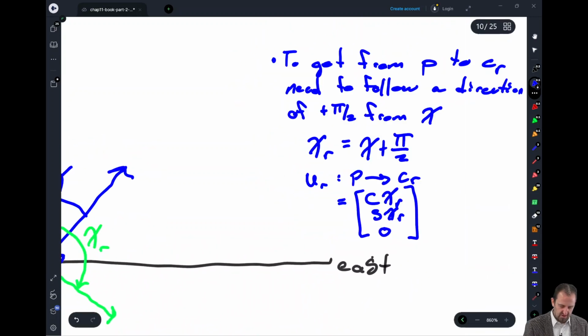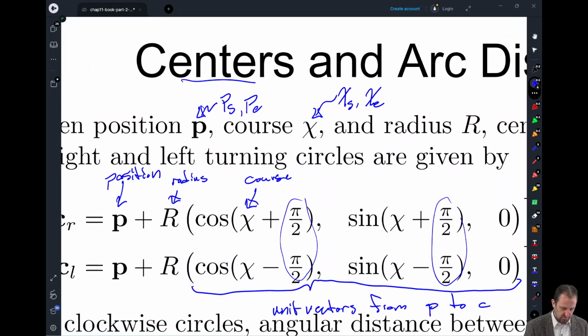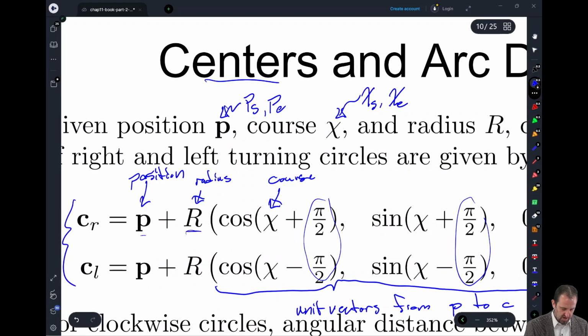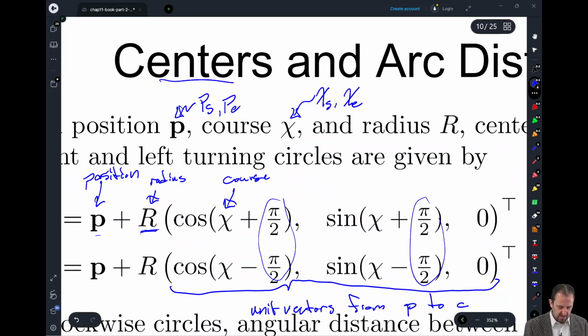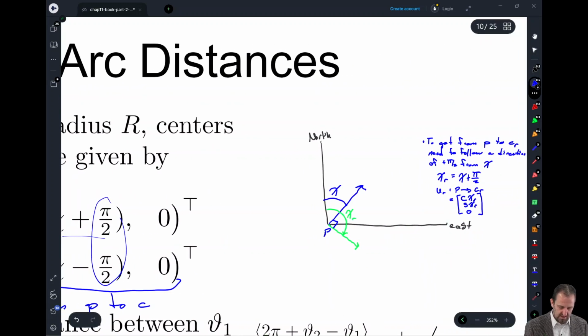So that's to get to the right circle. And if we look over here at our equation, to get to the right, we do P plus R, which is the radius of our circle. So we know our starting position is on the boundary of the circle. So our center is a radius R away. Then you see we have cosine of chi plus pi halves and sine of chi plus pi halves. Okay, so exactly what we had stated here.